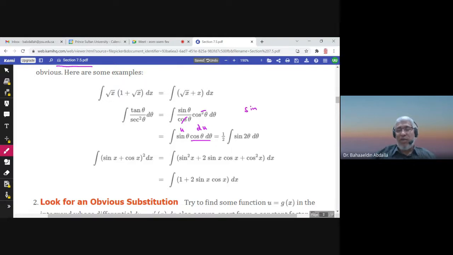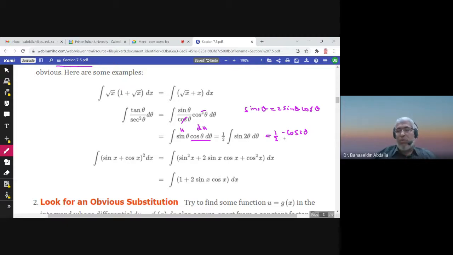But also you can use this formula. We know that sine 2 theta is 2 sine theta cosine theta. So sine theta cosine theta can be written as half sine 2 theta, and we said that integral of sine 2 theta is negative cosine 2 theta, because the derivative of cosine is negative sine.